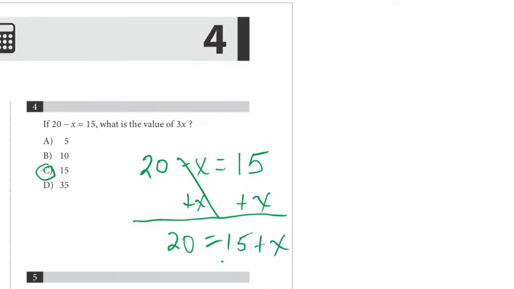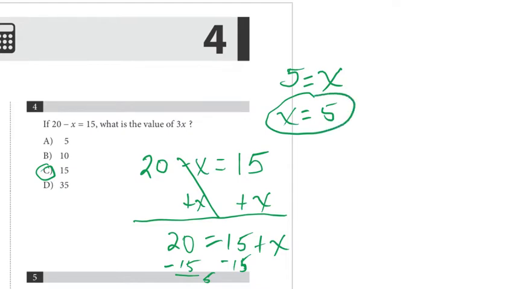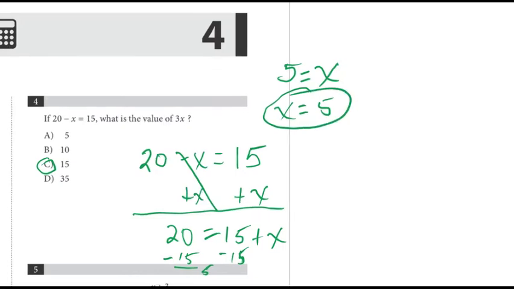And then we'd subtract 15 from both sides of the equation. And we'd get 5. 5 equals x, or x equals 5. And then we know 3 times 5 is 15. That's an easy question, in my opinion. Level of difficulty, level 2.